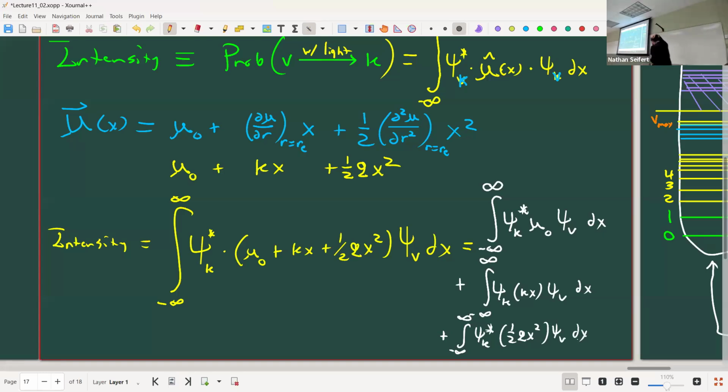I'm just splitting this into 3 different integrals: the constant part, the linear part, and the quadratic part of the dipole. We're not even going to evaluate these. We're just going to use symmetry rules, and we'll be able to figure out whether any of these are 0 or non-zero.